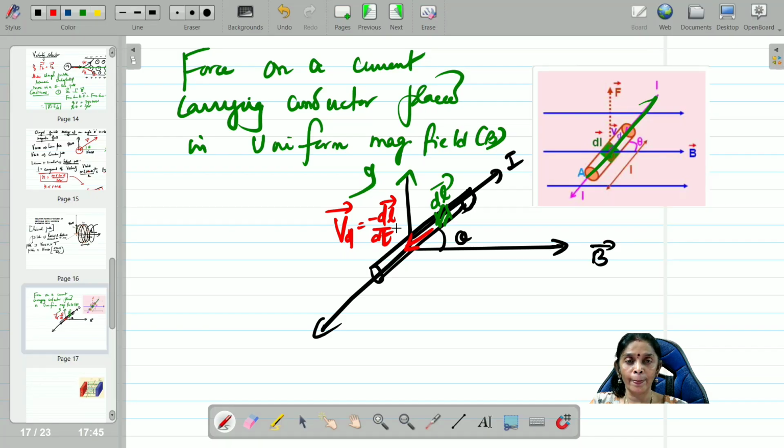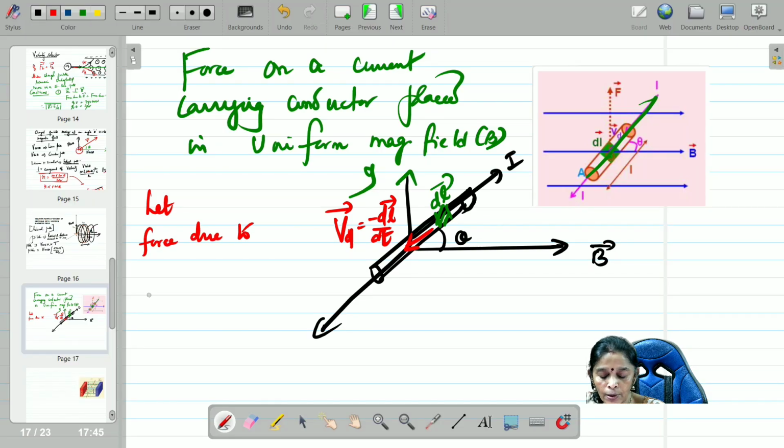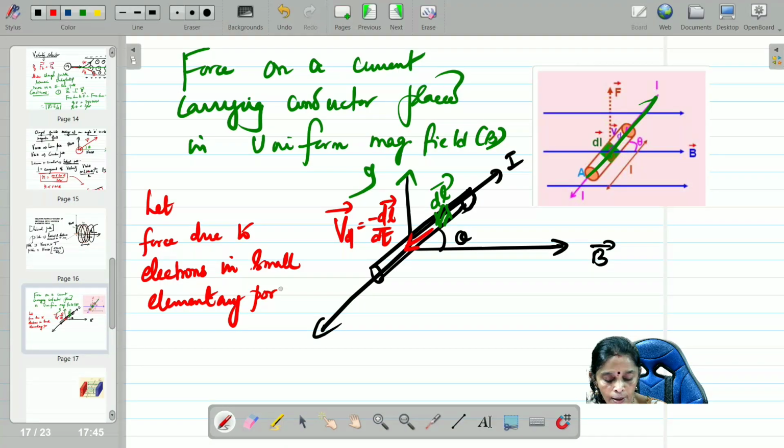We don't know. So now let us suppose the smallest force for the charges that are present in dl vector. Let df vector be the force due to electrons, that is charges, in a small elementary portion of wire, of conductor.